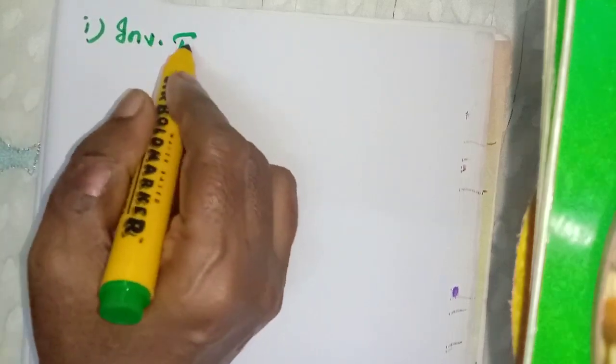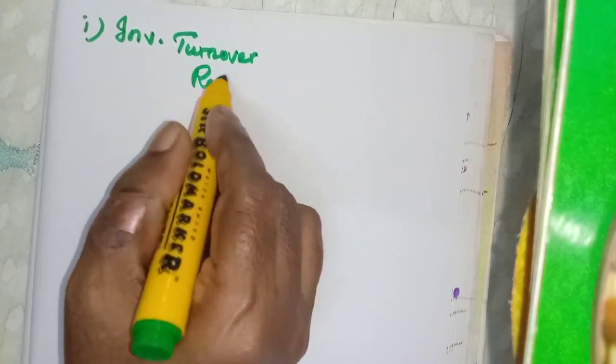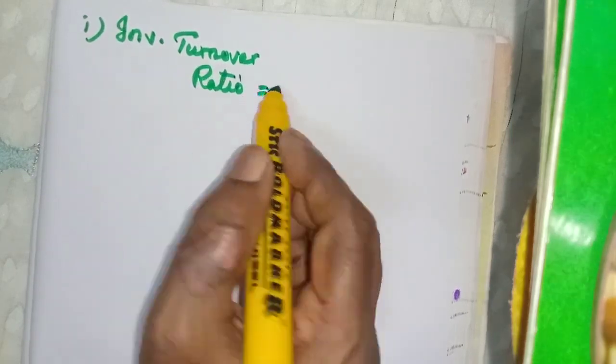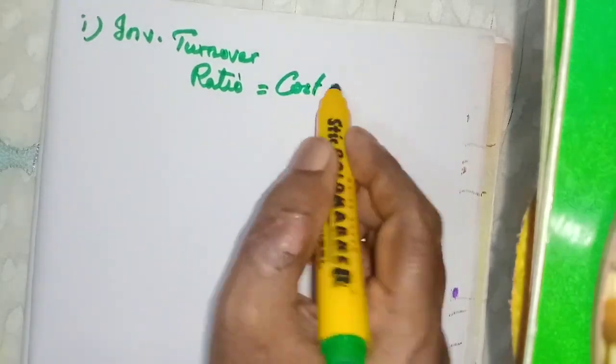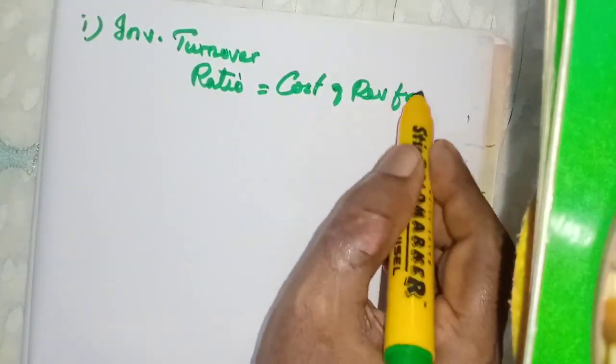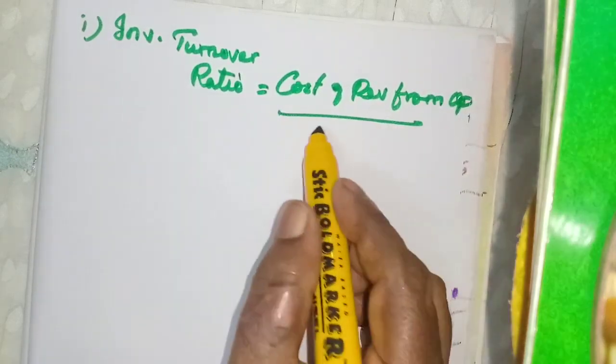First one, they have asked inventory turnover ratio is equal to what? Cost of revenue from operation divided by average inventory.